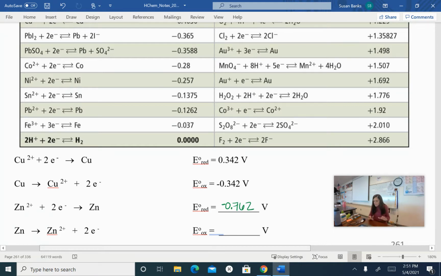Okay, I'm just going to round to the hundredths. Now, let's not do our copper yet. Let's look at the reverse. Notice these are the reverse of each other. So the potential for the oxidation would be the opposite. It would be positive 0.762 volts because I'm doing the opposite direction.